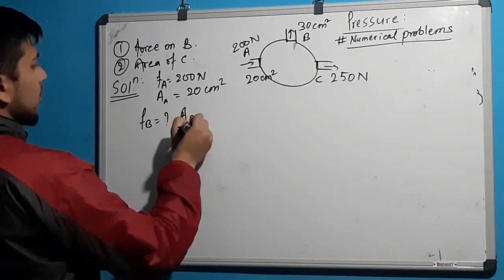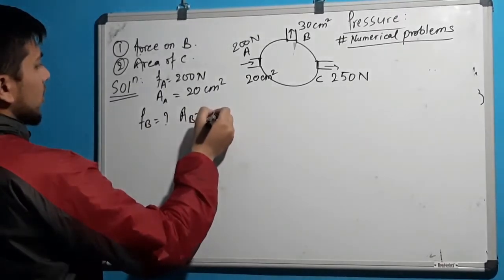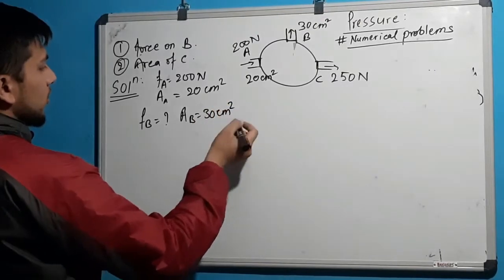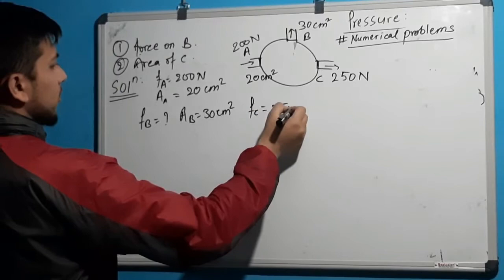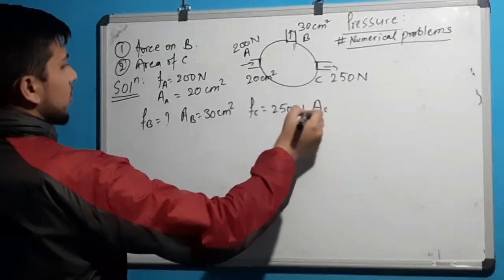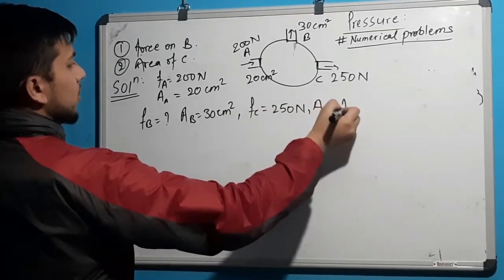Area of B equal to 30 centimeter square, and FC equal to 250 Newton. AC equal to what?